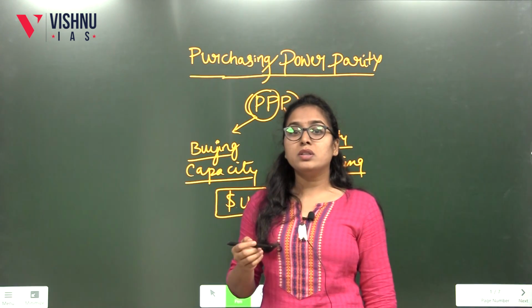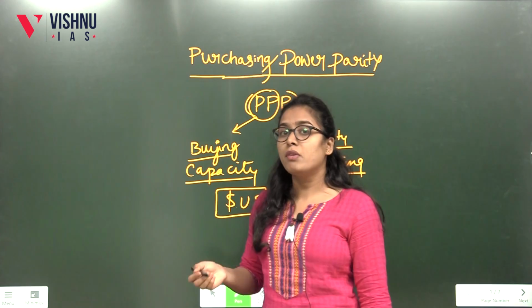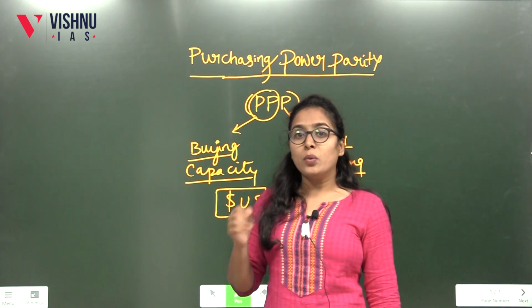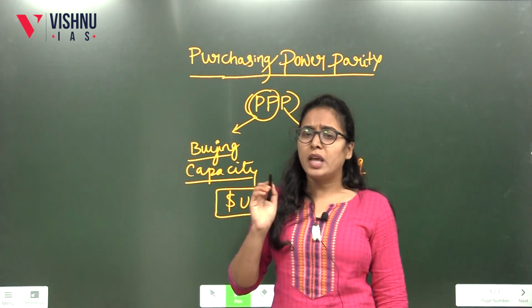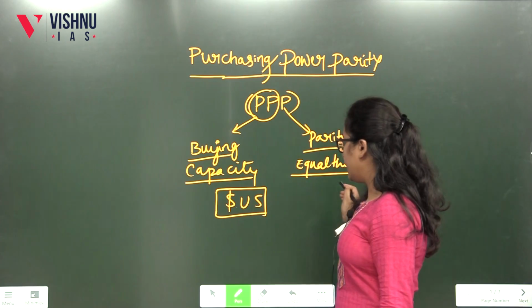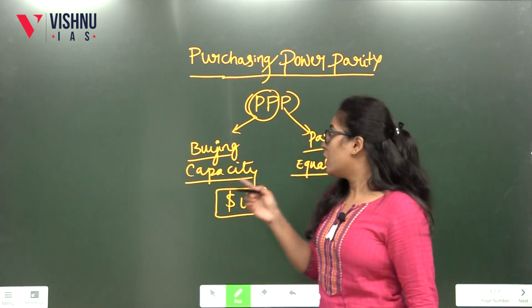So when we convert the GDP or national income into dollars and compare it with the US economy or any other country's economy, we call that purchasing power parity.